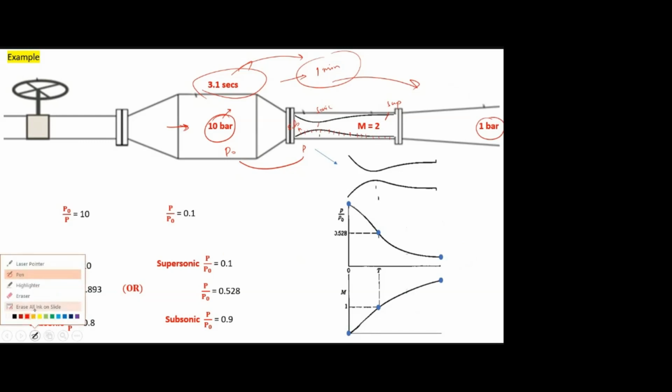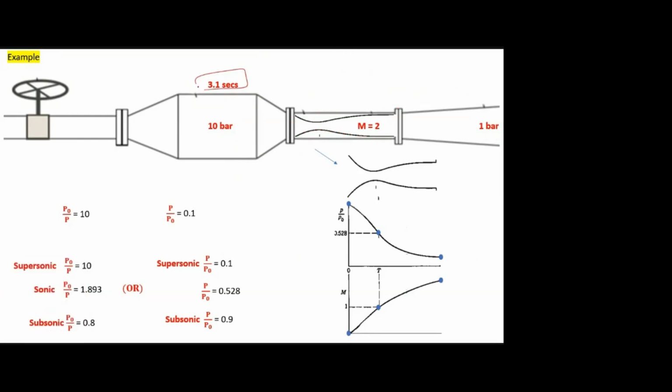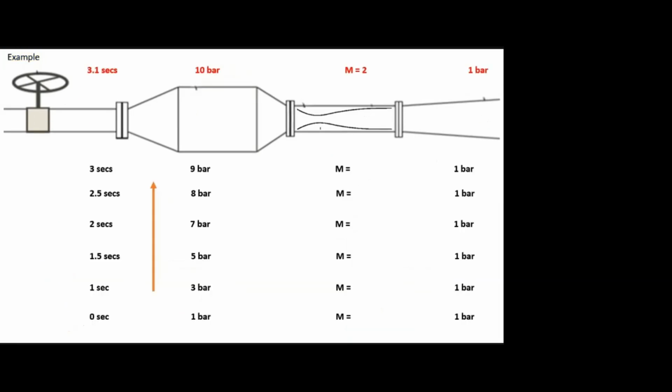Is it clear? Yes, sir. So at 3.1 seconds it is 10 bar. But initially, if I release this valve, at 0 seconds there won't be any pressure difference at all. Both sides will be atmospheric pressure, so both sides may be 1 bar.